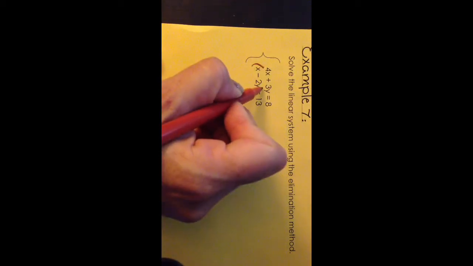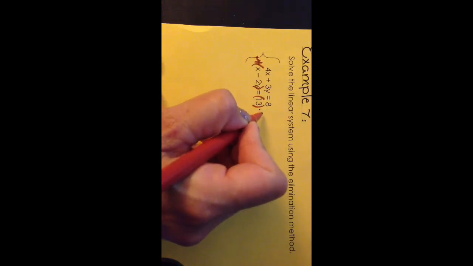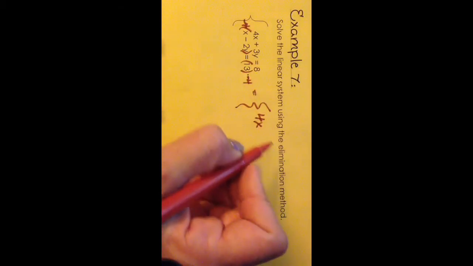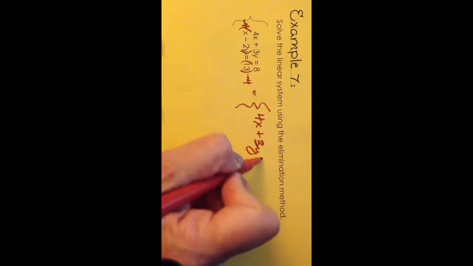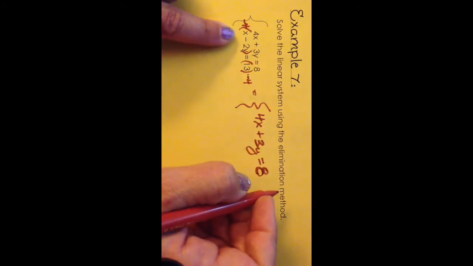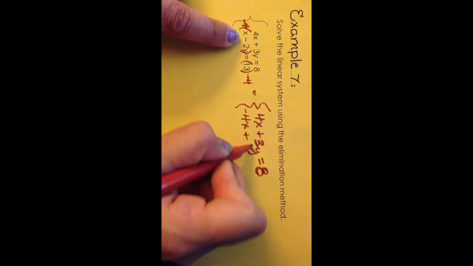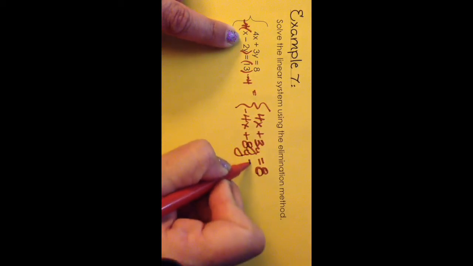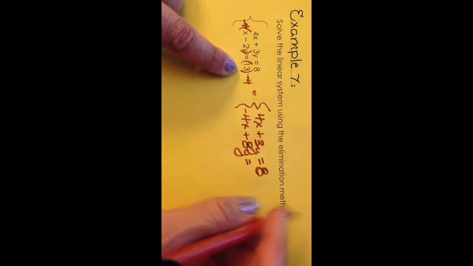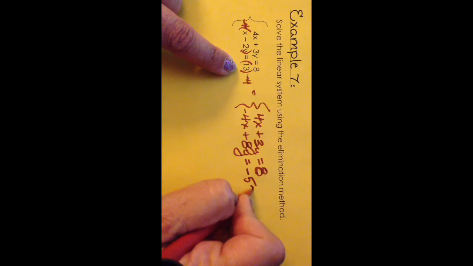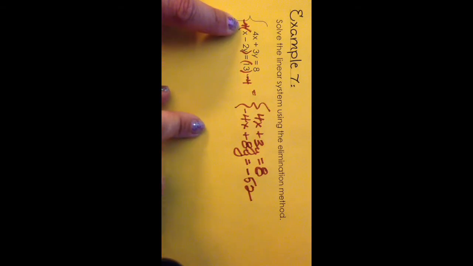Why don't I multiply this side by negative 4 to get what I want? As long as I multiply by negative 4 on this side, I have no issue. I'm going to rewrite my system: 4x plus 3y equals 8, and negative 4x plus 8y equals, 13 times negative 4, negative 52. So I multiplied by negative 4.